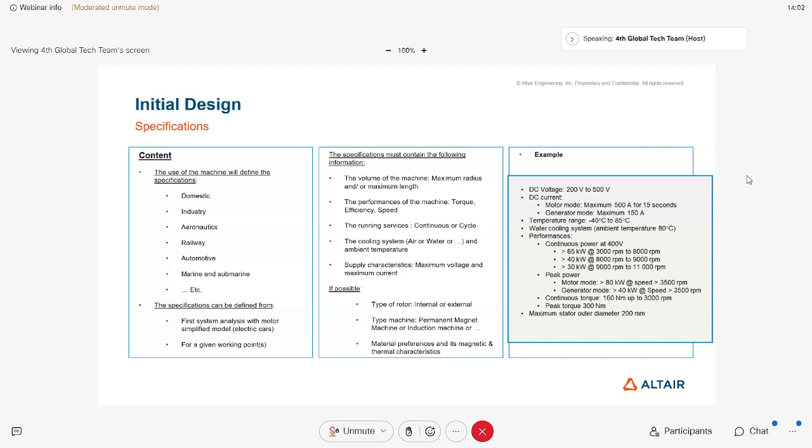Do we prefer a permanent magnet machine or an induction machine? Usually if we need higher power density, then no doubt, here we use a permanent magnet machine.